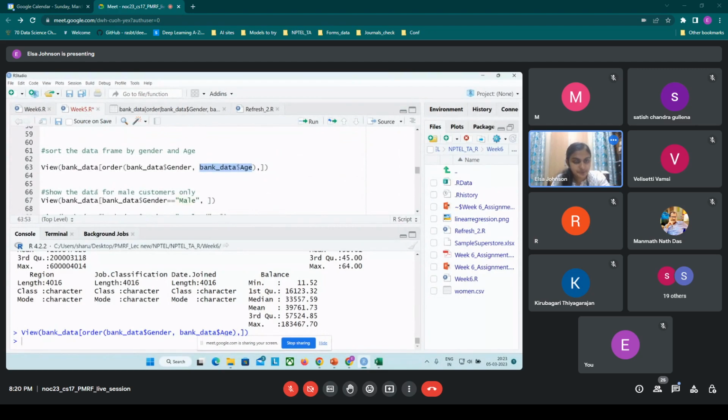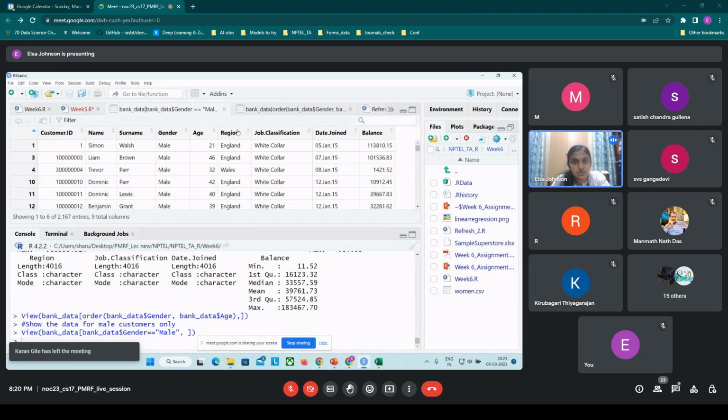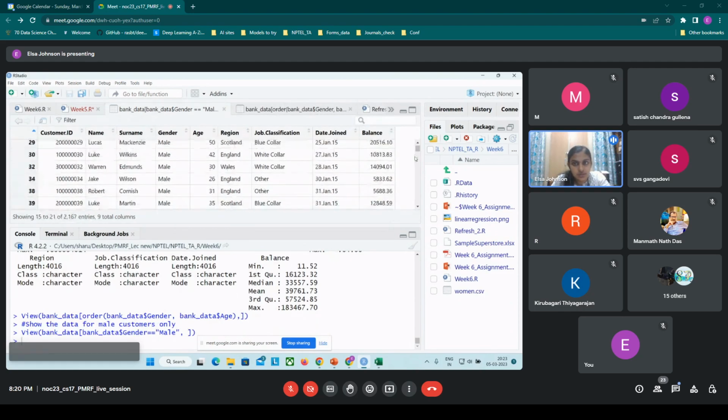Now show the data for male customers only. You have sorted it right now, so if you want to see the data for male customers only, you can put bank_data in square brackets, and give bank_data dollar gender equal to male. If you give that, this will be only the male data.